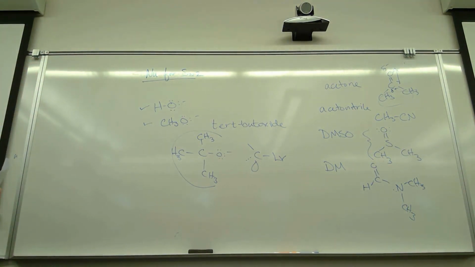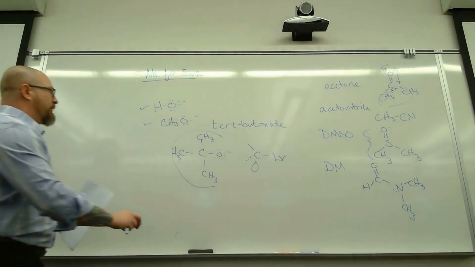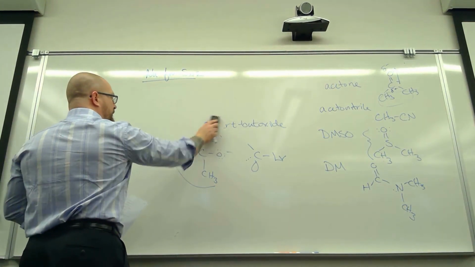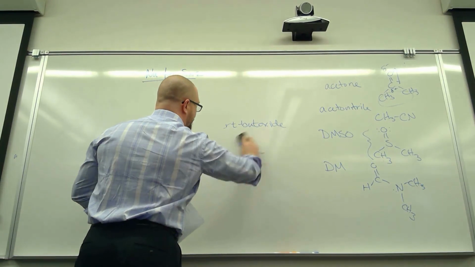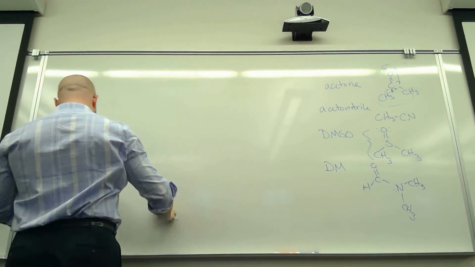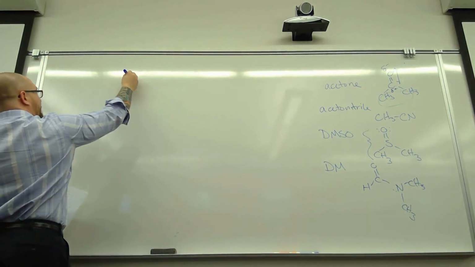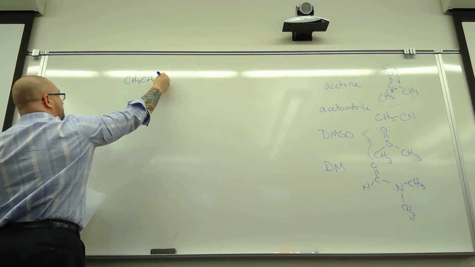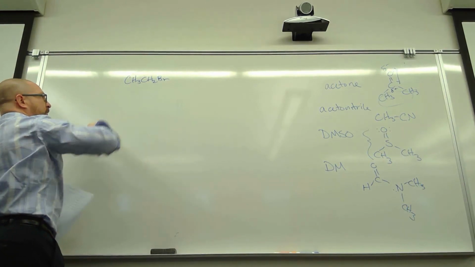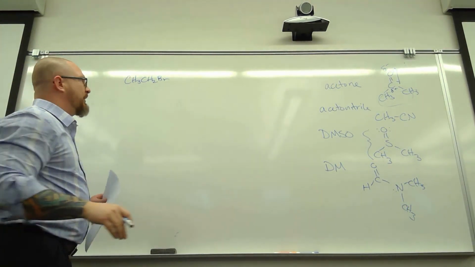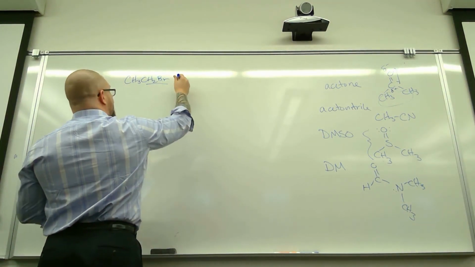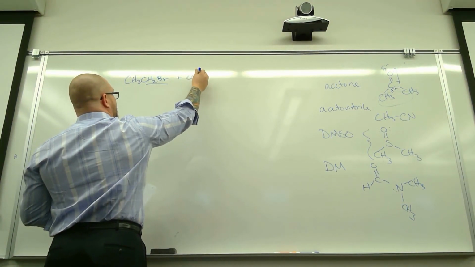That is it for variables impacting SN2. Quick summary. This is an incredibly useful synthetic tool. And if you have some generic methyl or primary, this is great because it's a primary alkyl halide. And you can react with so many different nucleophiles.